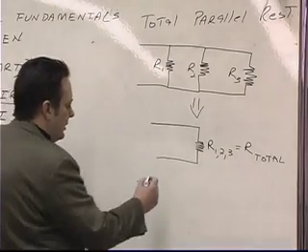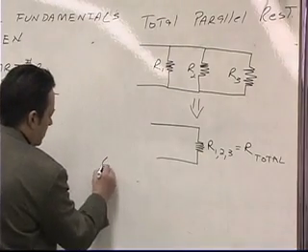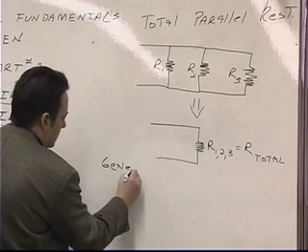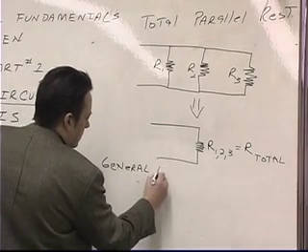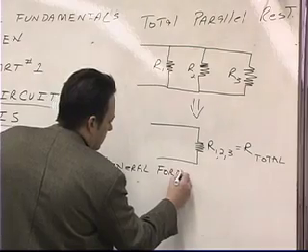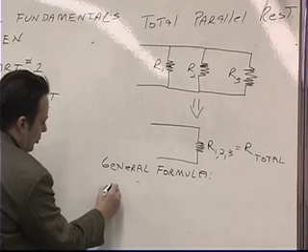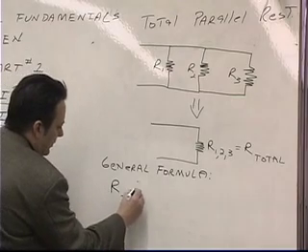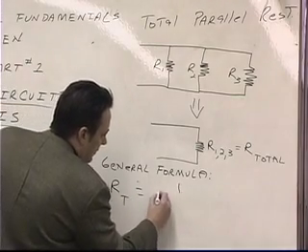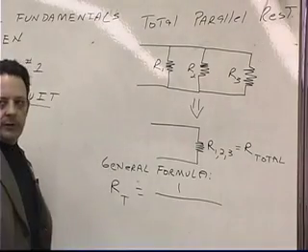And as we have seen, the general formula for total resistance of parallel circuits is simply equal to the inverse of the sum of the inverses.